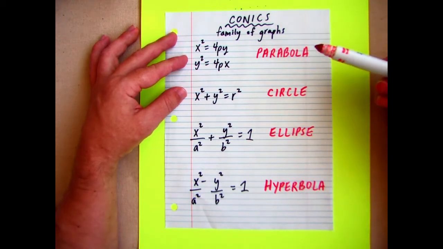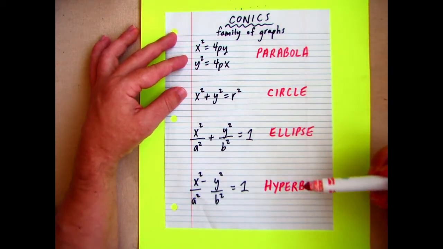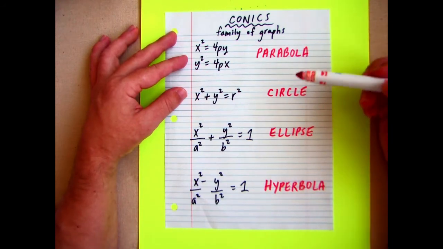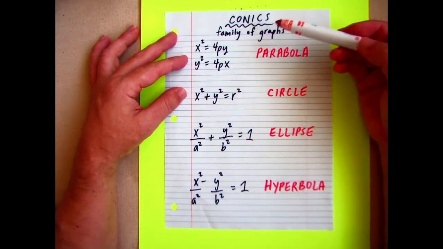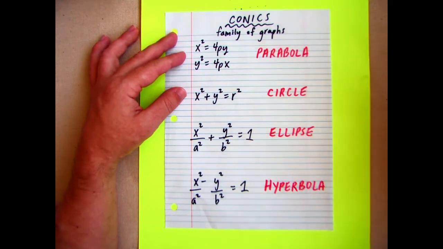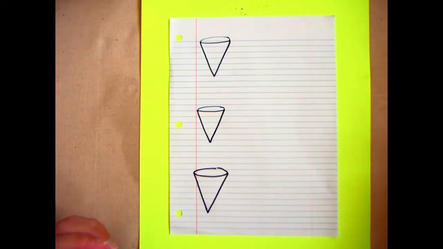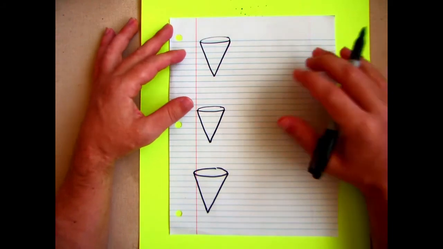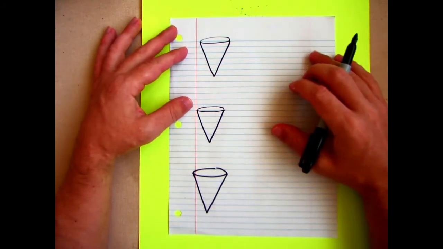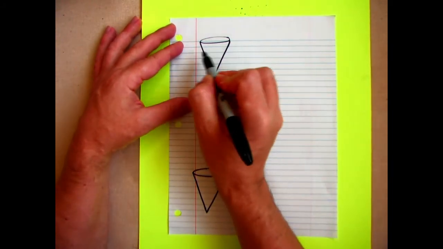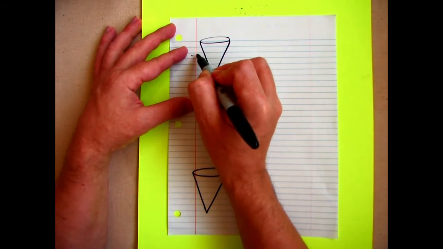So now, why do we call them conics? They have this special name for their family called conics. Well, that comes from the study of a three-dimensional cone. So here I've drawn some three-dimensional cones on my paper. And by making cuts, we're going to make some graphs.